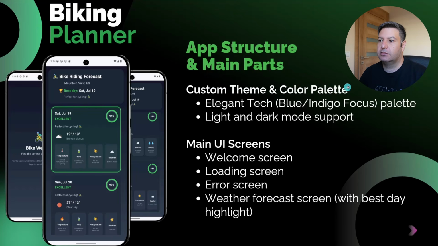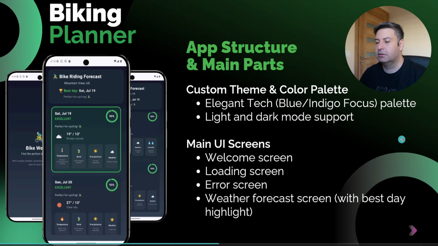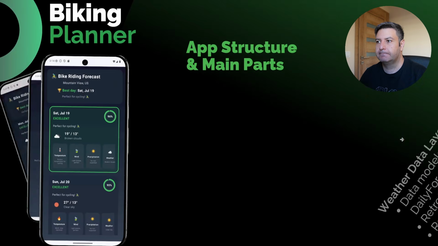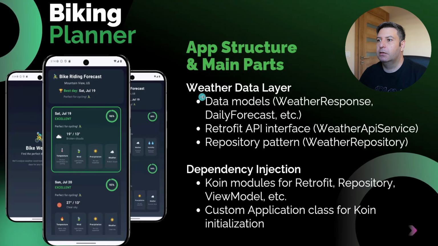We have the custom theme, and we have these screens in this application. We use the weather data layer. We have data models for the daily forecast, and we have the Retrofit API interface and repository pattern. I use the MVVM pattern and clean architecture in this application.